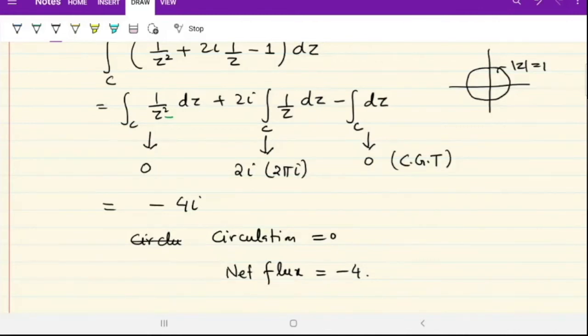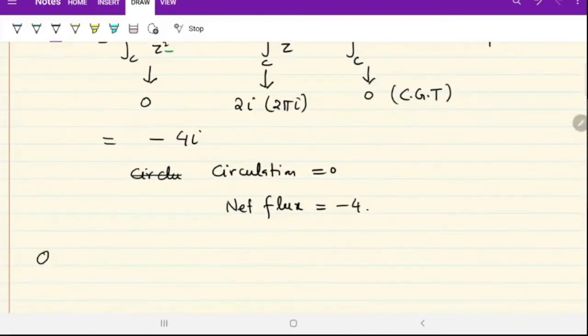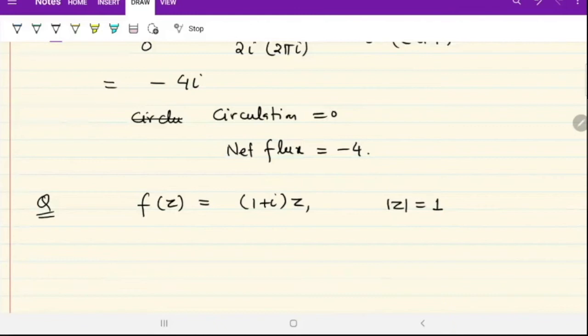Let's look at one more example, or maybe a couple more examples. If we take f(z) to be 1 plus iz, and let's take the same contour, mod z equals 1, and we want to find circulation as well as net flux. For that we have to compute the integral of f(z) conjugate.